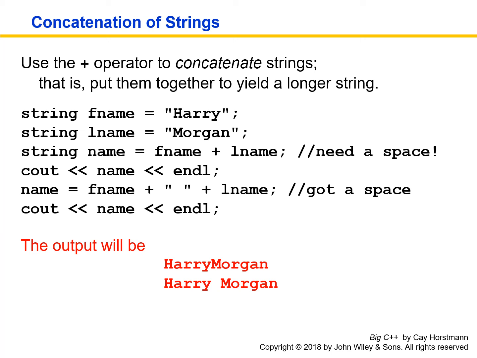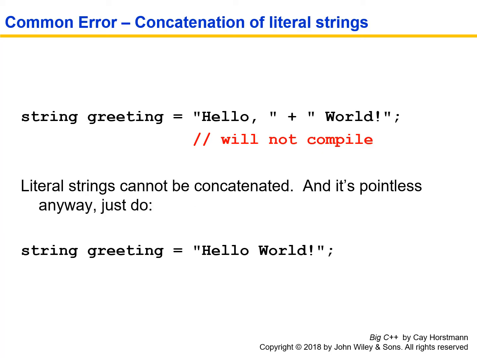Single quotes are used in C++ for individual characters, the char type. Note that literal strings cannot be concatenated. You have to have at least one string variable in a list of things to concatenate.